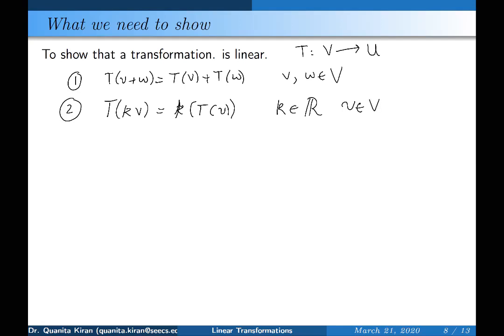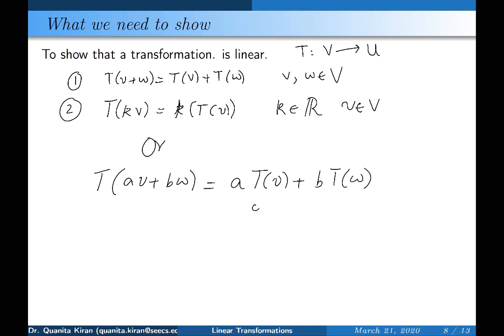Or simply we need to show that T(AV plus BW) equals A times T(V) plus B times T(W), where A, B are scalars and V, W are vectors. So we need to show either these two properties or this property alone.